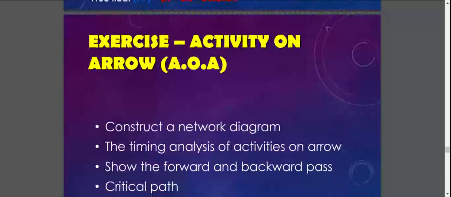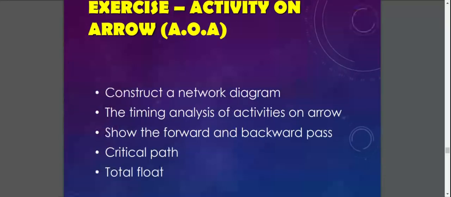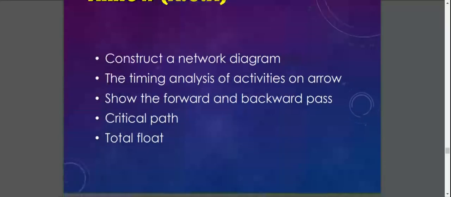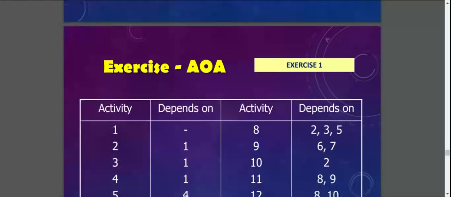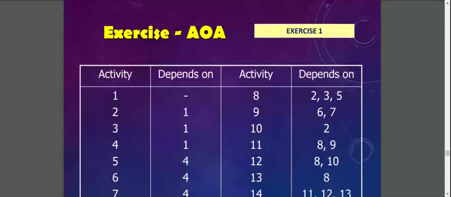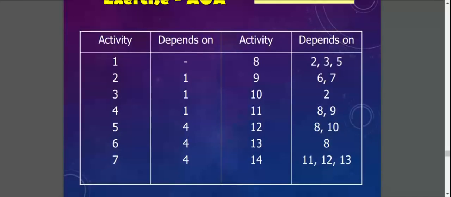Okay, so this is some exercise: activity on arrow, construct a network diagram, timing analysis. I will show you how to do this exercise later. This is exercise 1. If you look at this exercise, it comes with the number of activities, and which activities depend on which activities.